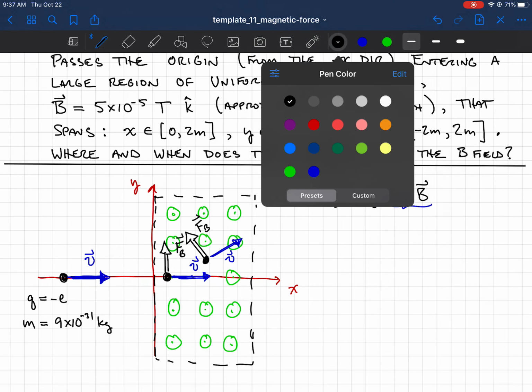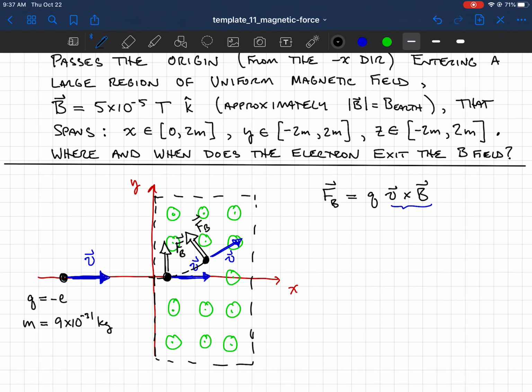And you can already start to see what's going to happen here. It's going to come in, and it's going to curve exactly as a circle. This is circular motion. In fact it's uniform circular motion because your V is constant and your force is constant there. So you're going to get some circular motion. So the question was, where and when does the electron exit the B field?